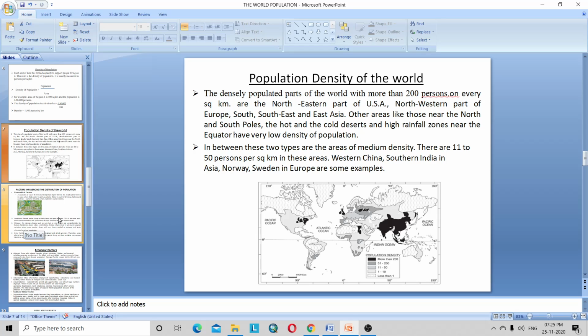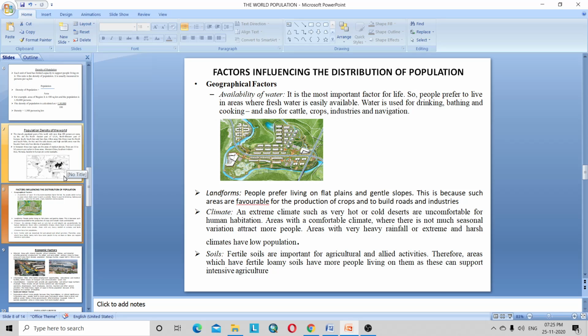We'll talk about it. There are several factors which influence the distribution of population. Number one is the availability of water. Number two, landforms, climate and soil under geographical factors.